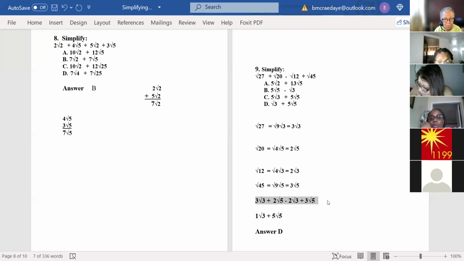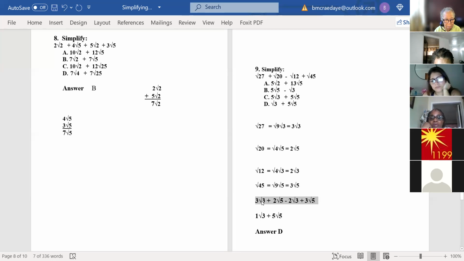Okay, so how we have 3 times square root of 3, do we combine 3 times square root of 3 with 3 times square root of 5? No. You can only combine like radicands.